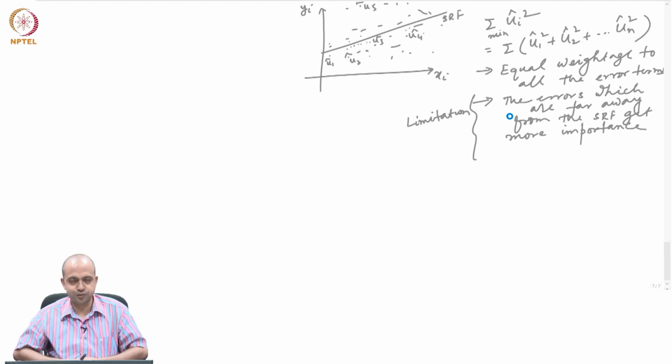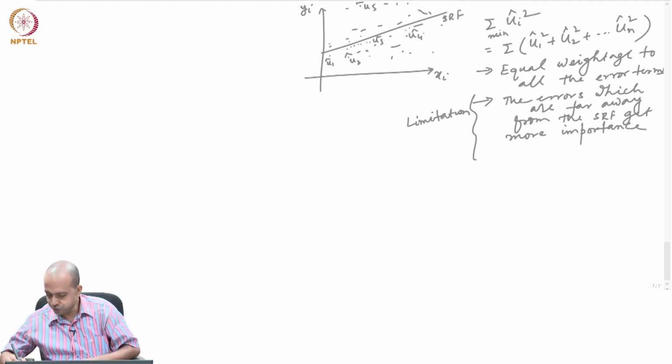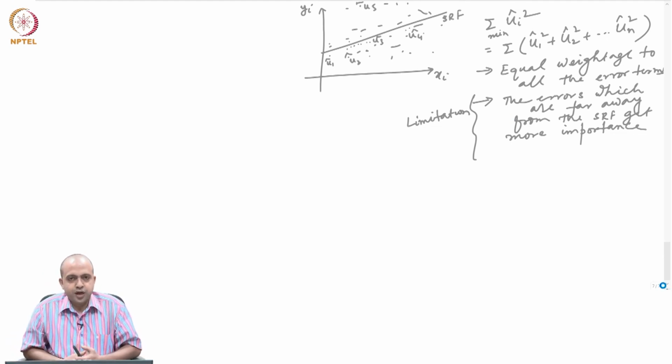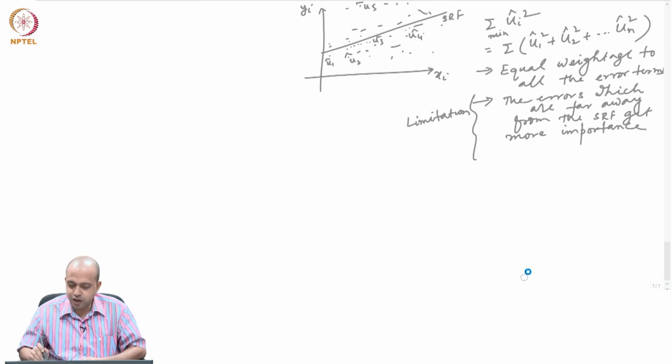weighted least square method. So what we have observed so far is what the sample regression function is, what the population regression function is, and what we are estimating. We are estimating alpha hat and beta hat to infer something about the true population parameters alpha and beta, and we are doing that using the ordinary least square method, where we are trying to minimize the sum of ui hat square.